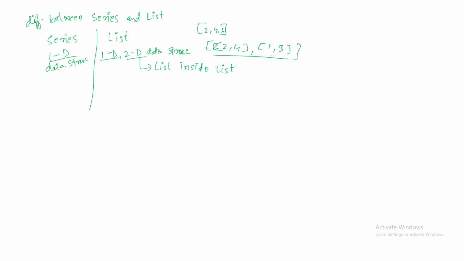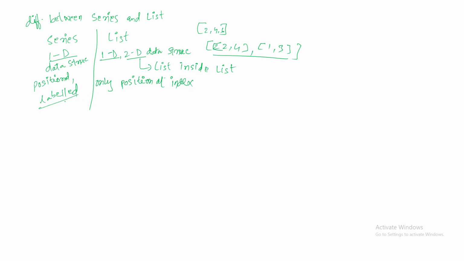So list will accept that. Now series, which type of index will it accept? All. Positional index also, and label index also. Both types of index it will accept. But list will accept only the positional index. Remember?